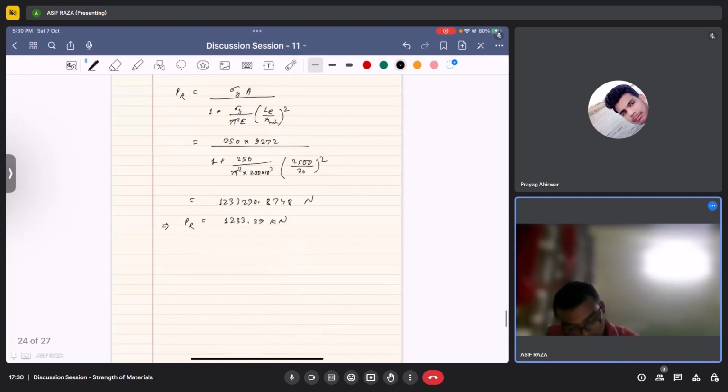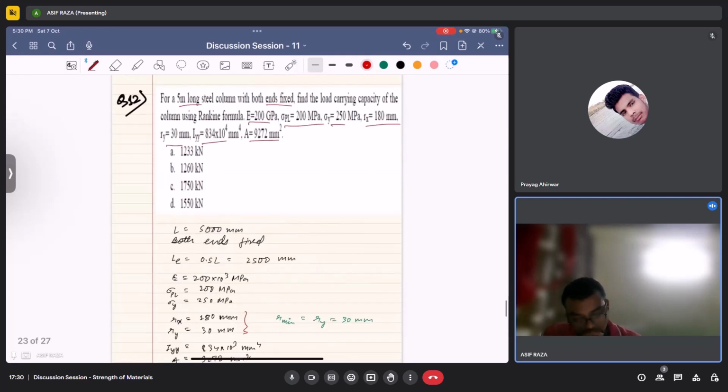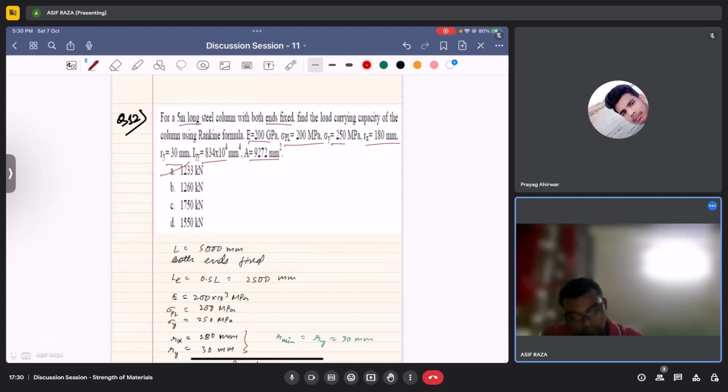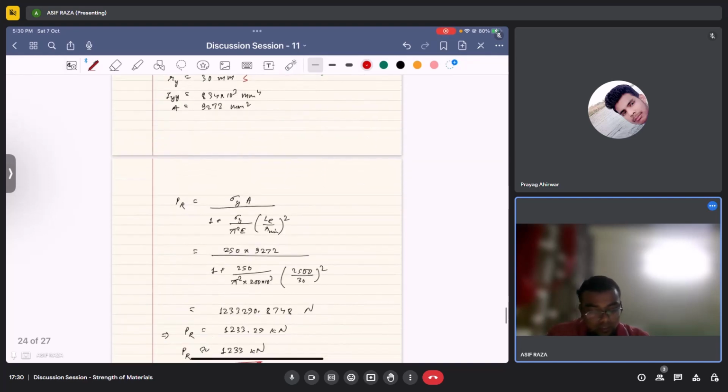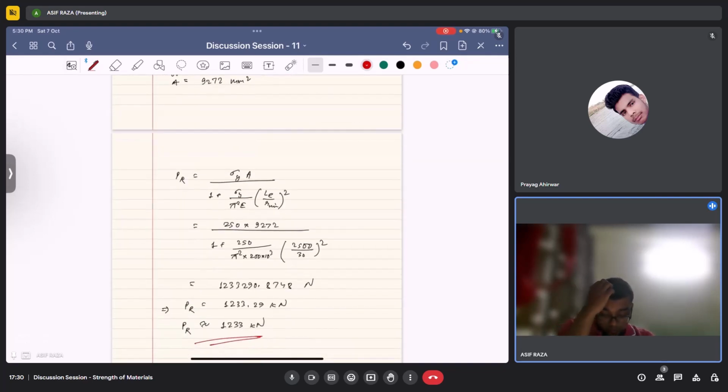Roughly, by rounding it off, I can write it's 1233 kilonewton. Okay, so it will match with option A, 1233 kilonewton. So it's quite easy, just the use of this formula.